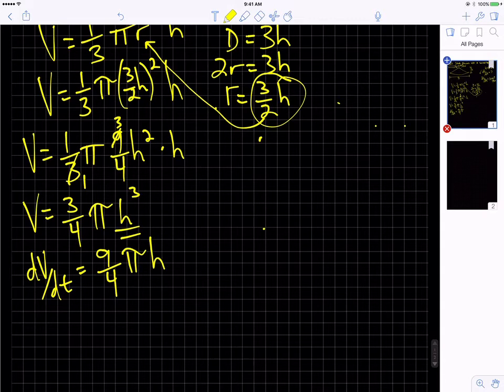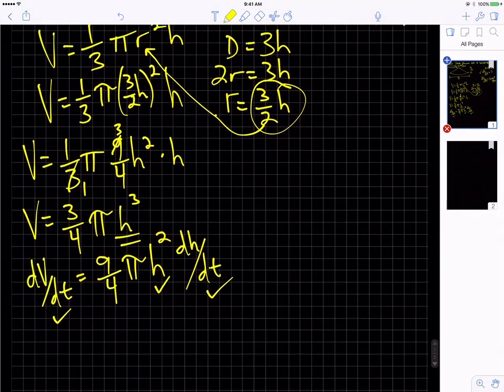Recopy the base h, reduce the power by 1, times the derivative of h with respect to time. Remember that now there are three variables: this represents the rate of change of the volume, this the rate of change of the height, and this the height. So we need to plug in all but one of those so we can solve for the other.